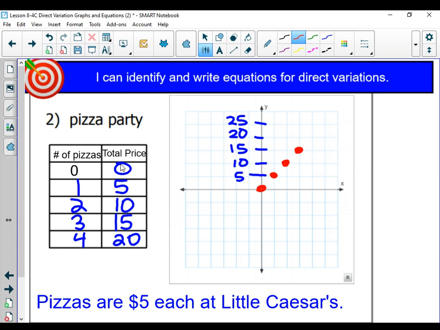If you know someone ordered 4 pizzas, all you'd have to do is go over to, did I say 4? Yeah. And up to the dot, and it would tell you $20, please, plus tax.